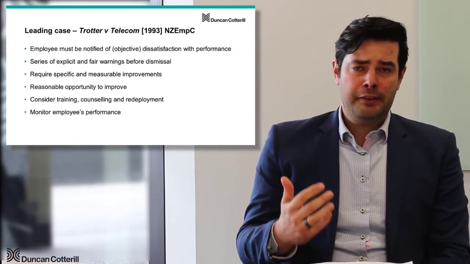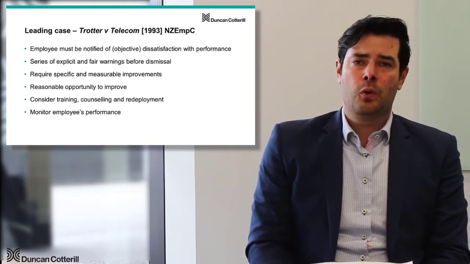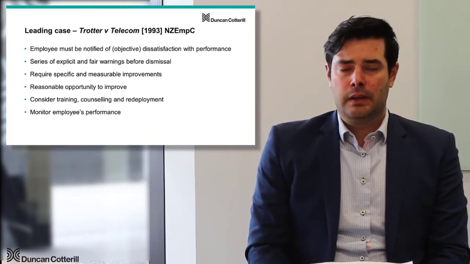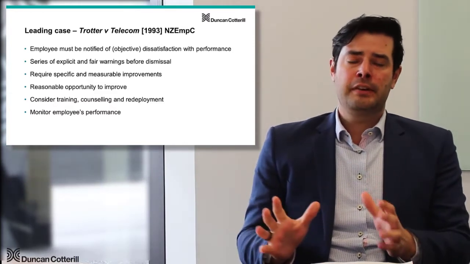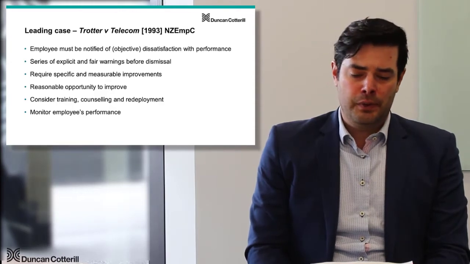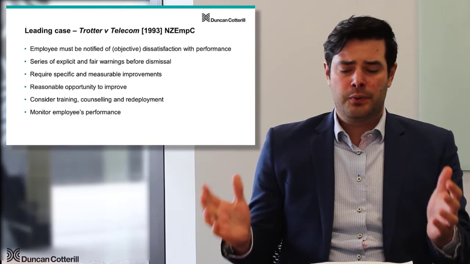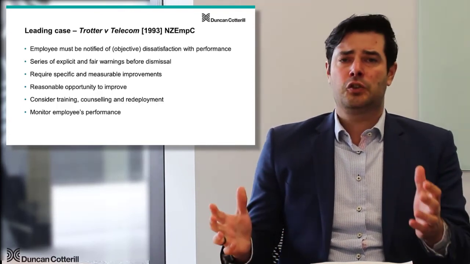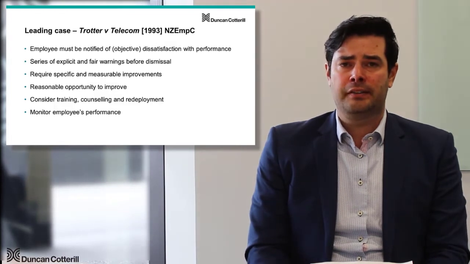The employer must also give a series of explicit and fair warnings before dismissal is contemplated. The employer needs to communicate to the employee specific and measurable improvements that the employer wants to see in the employee's performance. The employer must also give a reasonable opportunity to improve and should consider things like training and counselling to assist the employee to reach the required standards.